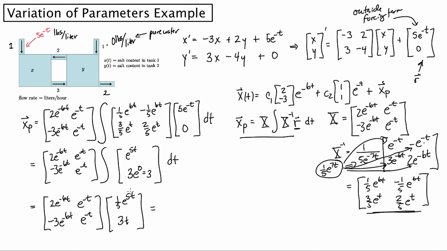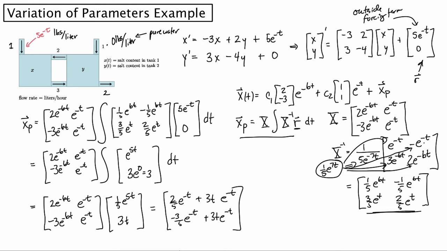So finally you multiply this column vector times the fundamental matrix. You're going to get 2/5 e to the negative t plus 3t e to the negative t. Then you're going to get negative 3/5 e to the negative t plus 3t e to the negative t.